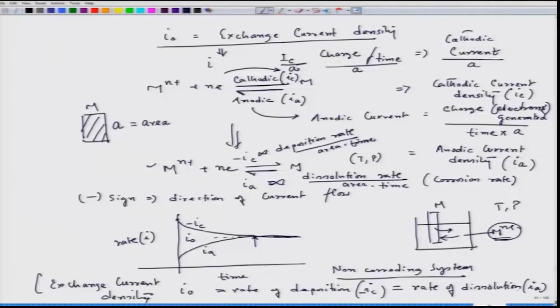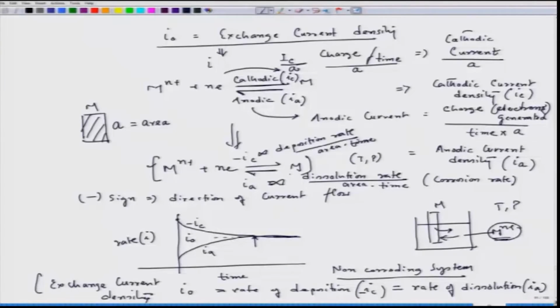Remember, this is for a half-cell reaction, because whenever we consider the rate of deposition and rate of dissolution, we are not taking into consideration other species dissolving or depositing, or other reactions, reduction or oxidation. It is the same metal and metal ion, these two species, one is depositing, one is dissolving. So, one is reduction, another is oxidation. This is basically with reference to the half-cell reaction.